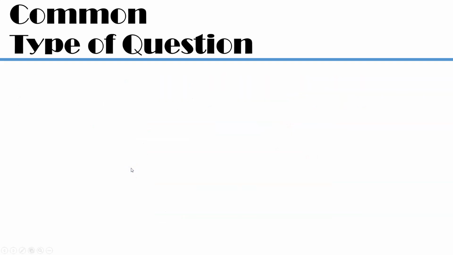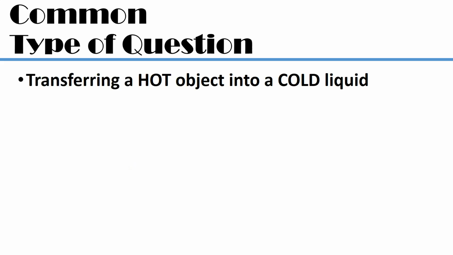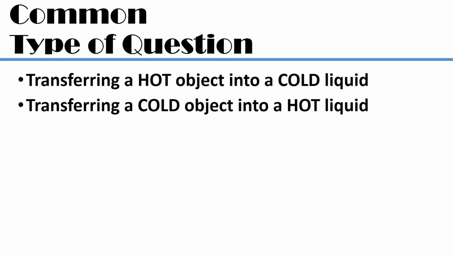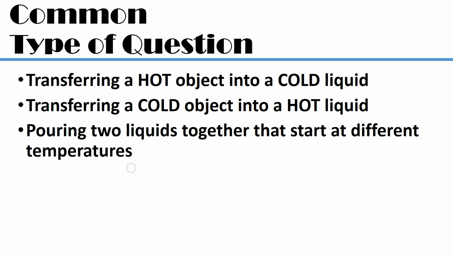So a common type of question you might see is that we're going to have a hot object and we put it into the cold liquid. That's probably the most common. We could, however, put a cold object into hot water. That's another option, kind of going the other direction. Or we could take 2 cups of water at different temperatures and figure out what they might be once they're mixed together.